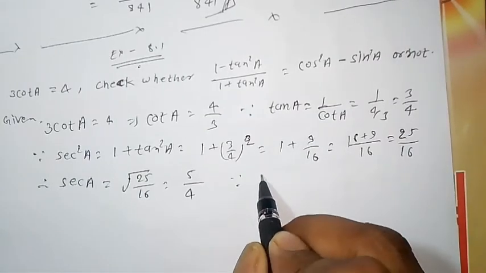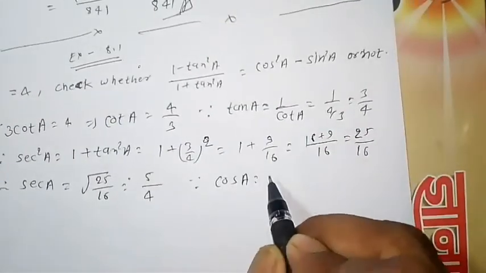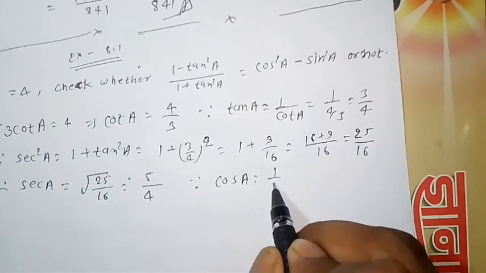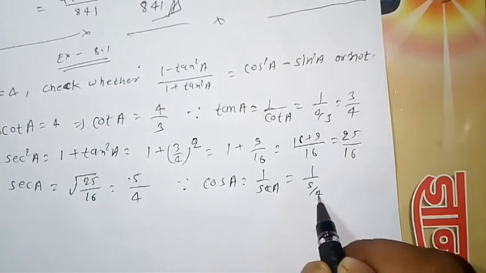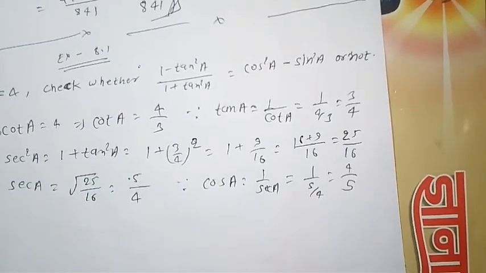Because cos A is equal to 1 by sec A is equal to 1 by 5 by 4 is equal to 4 by 5.